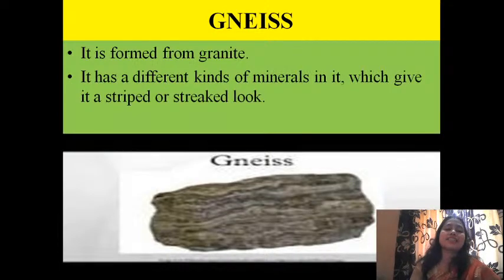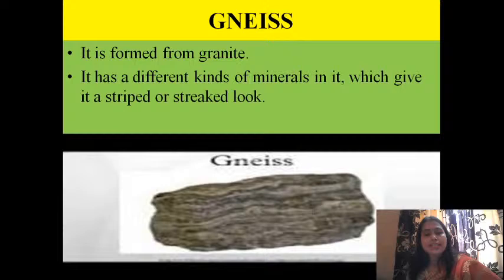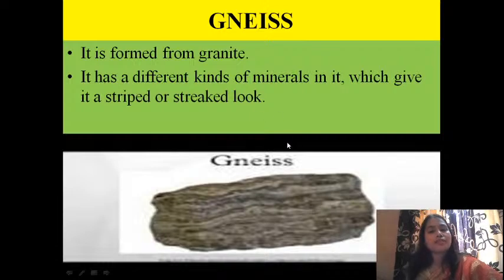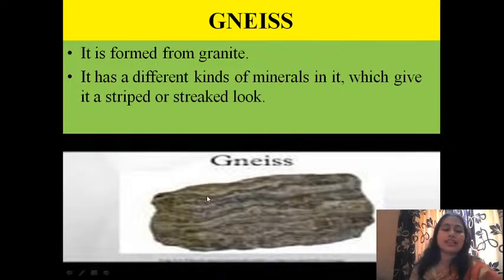It has different kinds of minerals in it, which give it a striped or streaked look. You can see in this picture. So it is a form of granite. It has different kinds of minerals in it, which give it a striped or streaked look.